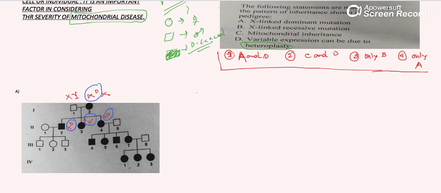It may happen. Up to this level it is correct. If the child is a male, the Y comes from the father and the X comes from the mother.